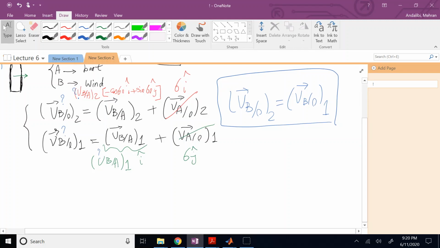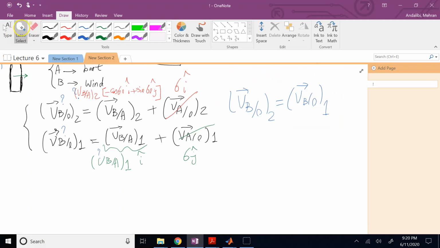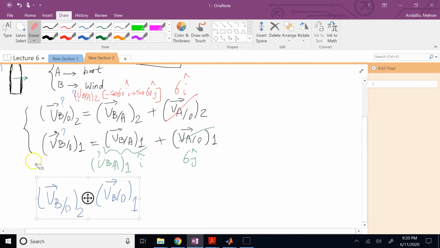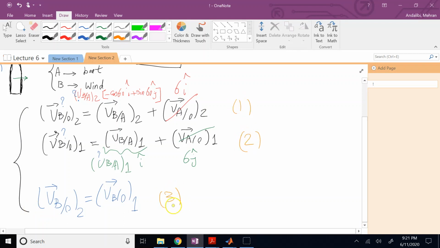Okay, so now this is what I do. Let me write this in a better, more formal way. So I bring this down here, and remember, we have to write nicely. I call this equation 1, I call this equation 2, and I call this equation 3.